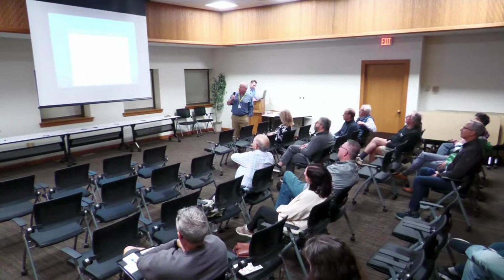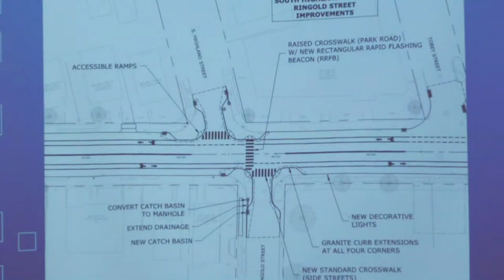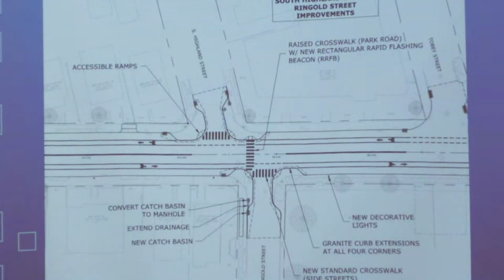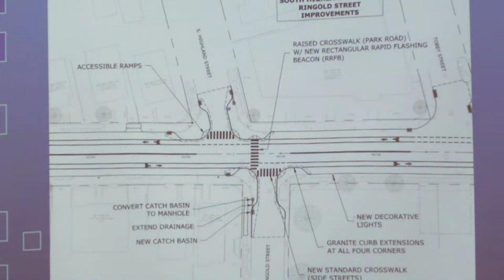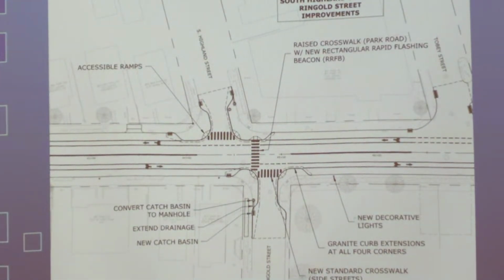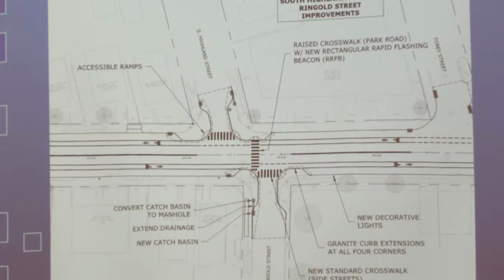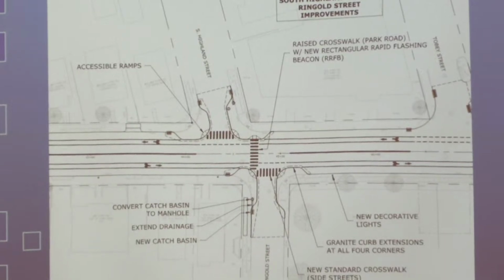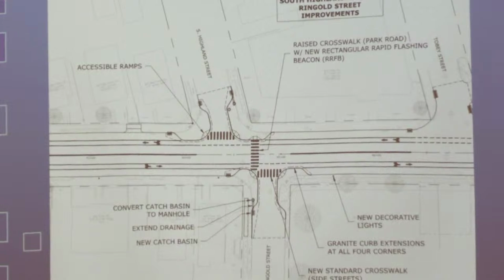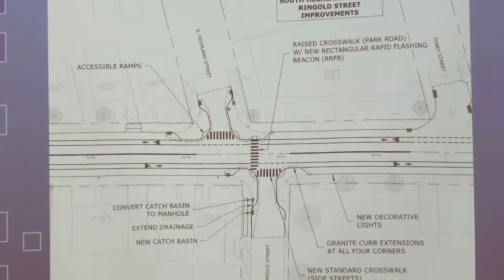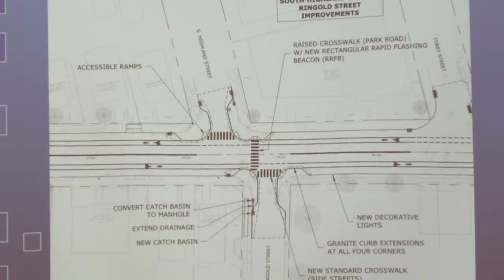So back to South Highland Street and Ringgold. This would be a curb extension treatment with a new crosswalk crossing Park Road with the raised crosswalk, two additional crosswalks on the side streets, and the distances of the crosswalks on the side streets have been shortened pretty much by half. The existing crosswalk is about 30 feet.